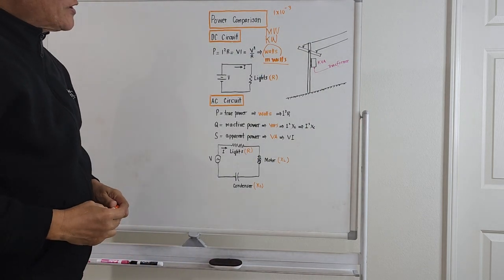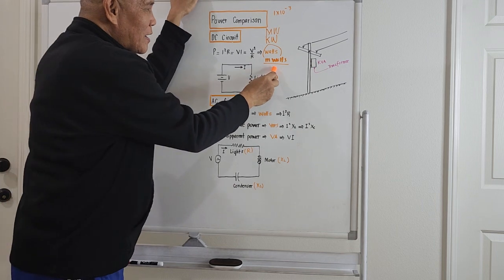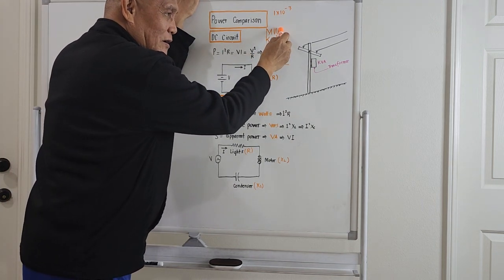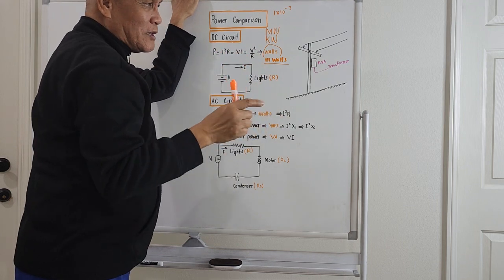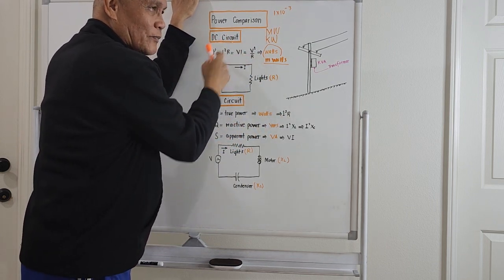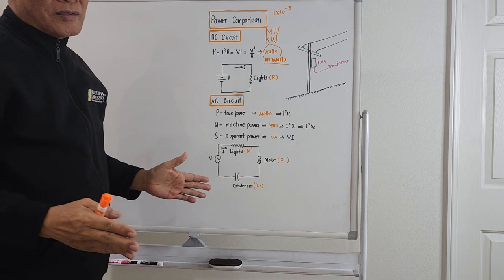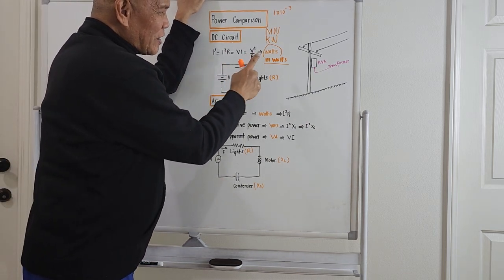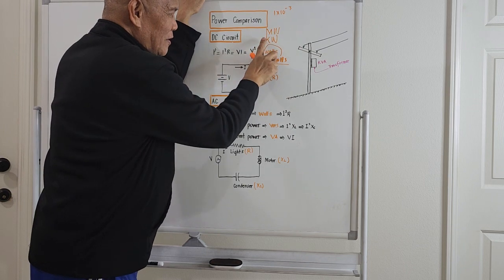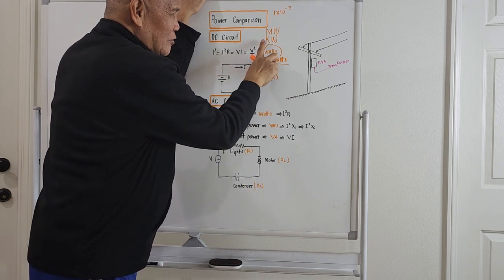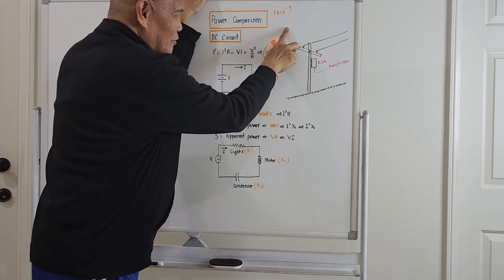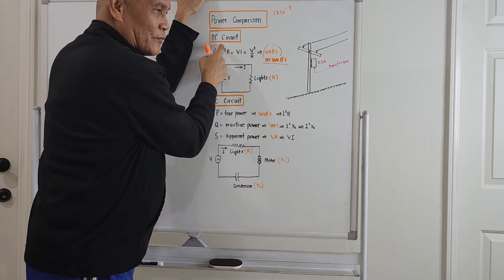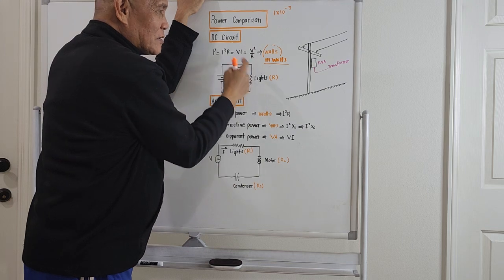A DC circuit is not so big, so we could maybe not even reach the kilowatts and megawatts. So we'll just limit ourselves to milliwatts and watts for DC circuit. And these are the formulas.